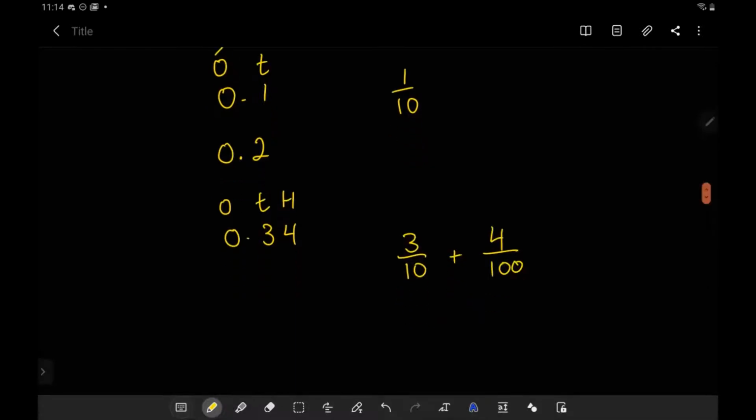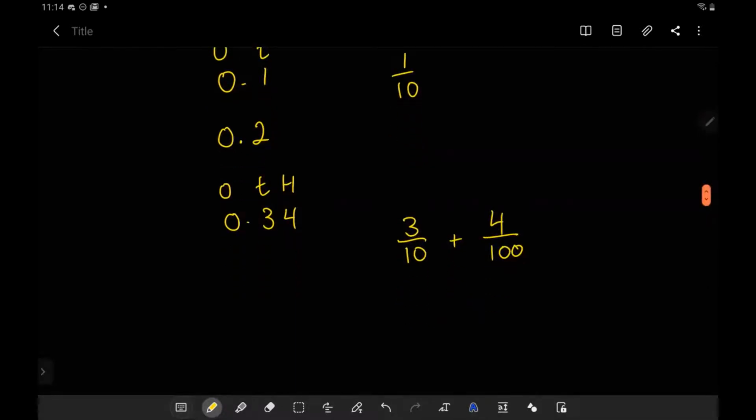We know how to add fractions, we did that last term. When you add this, you get an LCM of 100. 10 into 100 is 10, 10 times 3 is 30, plus 4 will give you 34 over 100. Now, we know that we can reduce these things.